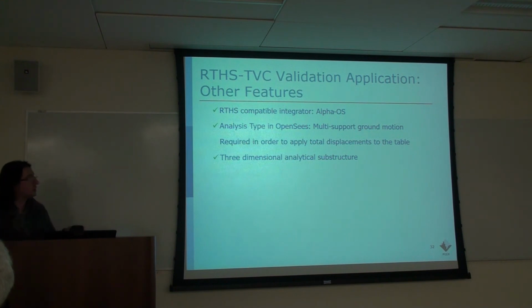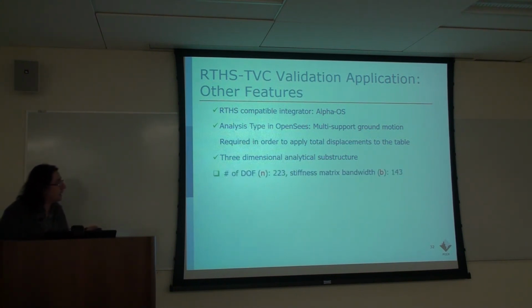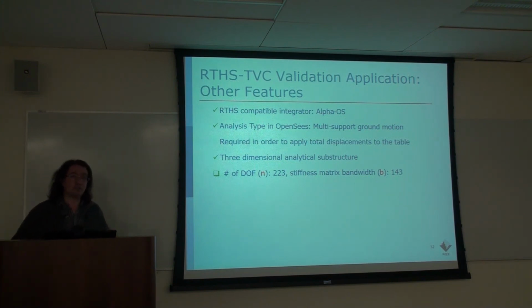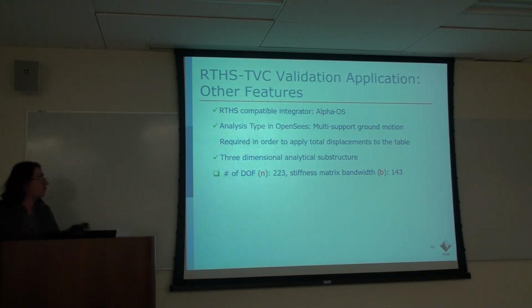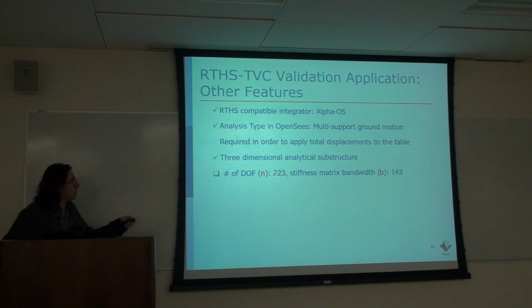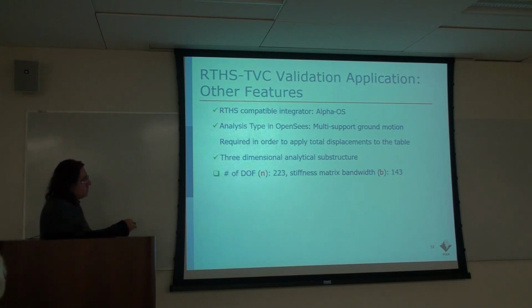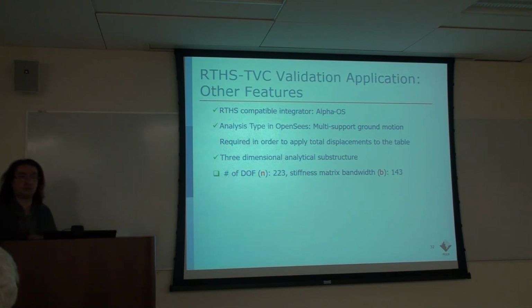And one thing is we have a three-dimensional analytical substructure, and therefore we have 6 degrees of freedom per node. So our total number of degrees of freedom is 200 something, but the bandwidth of the stiffness matrix is large, because we have 6 degrees of freedom per node.